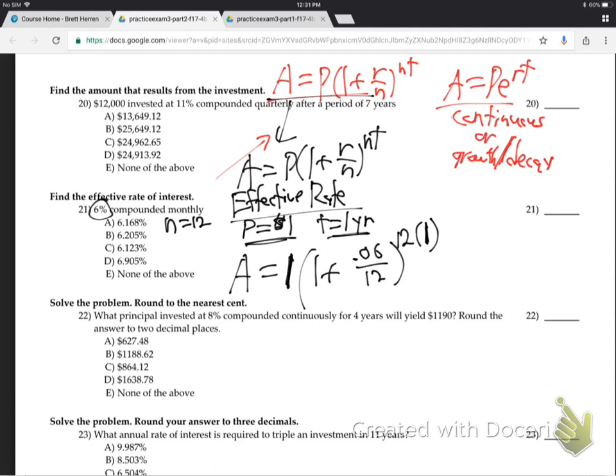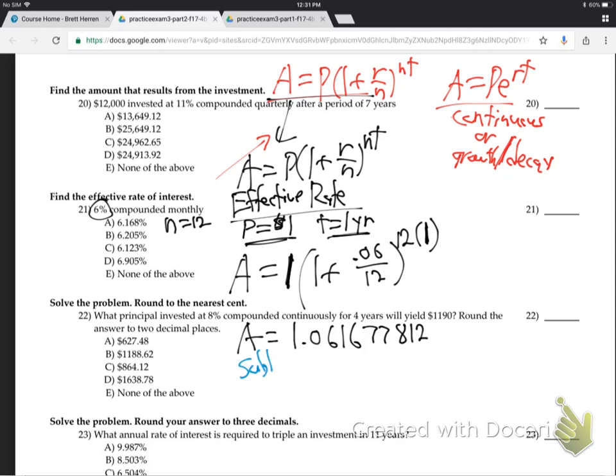So hit the buttons on your calculator. To the power of 12. I'm getting 1.0616777812. And then last step, so put in $1 1 year.